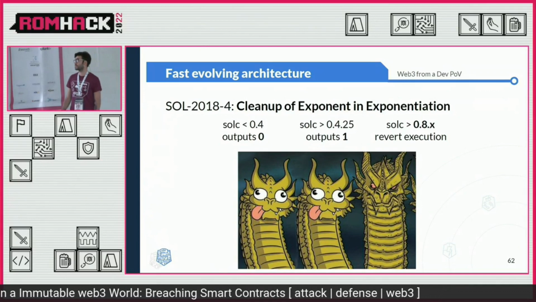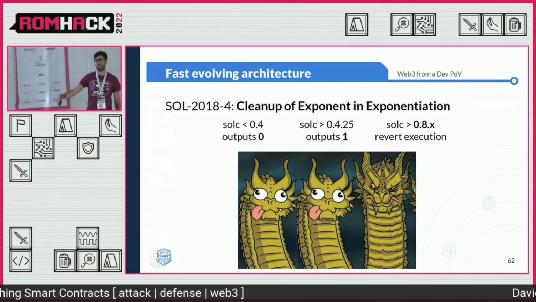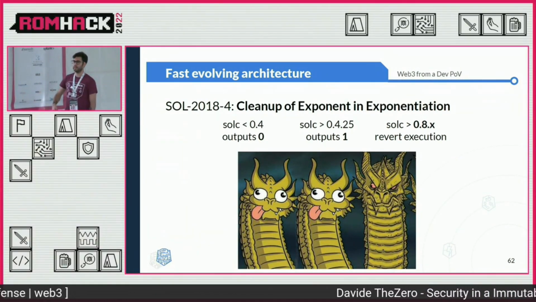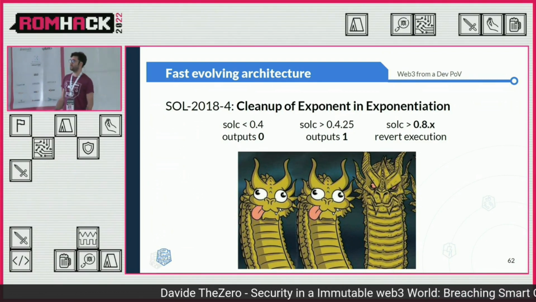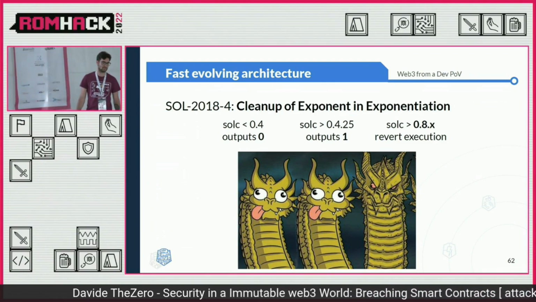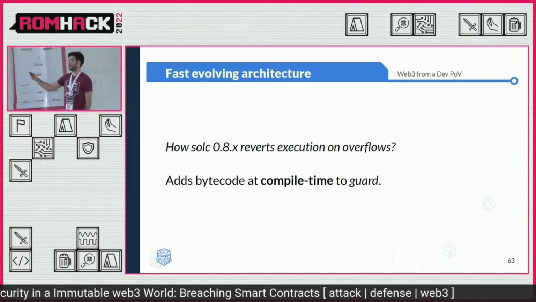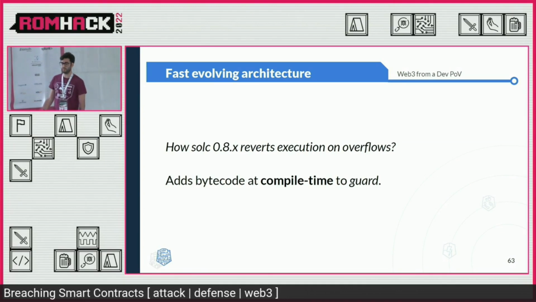And with Solidity 0.8.x, the execution is reverted because the compiler, actually the EVM, sees that overflow happened, and so the entire execution is reverted. And how does solc 0.8.x revert the execution on overflow?